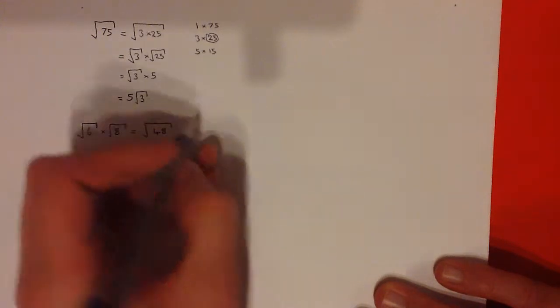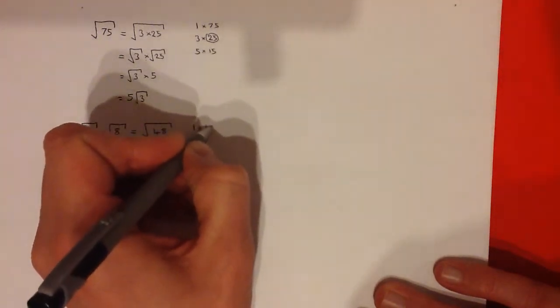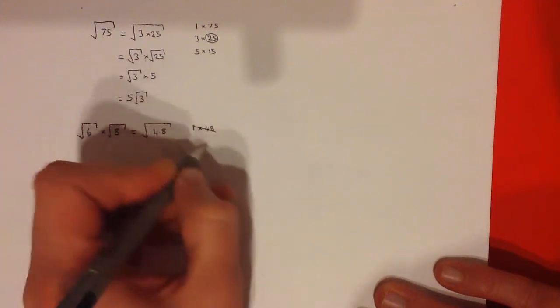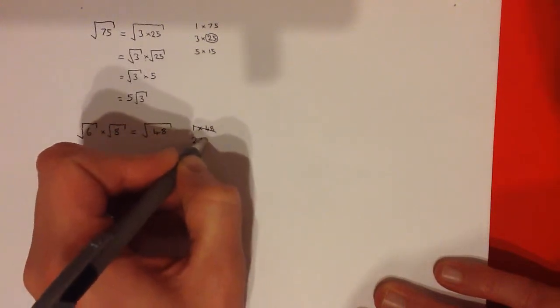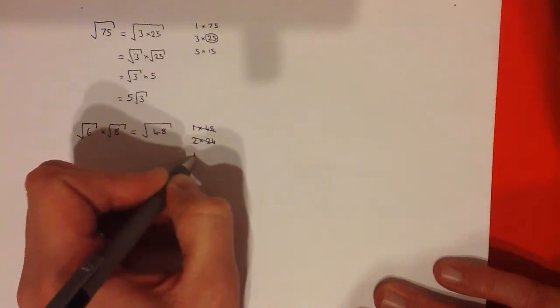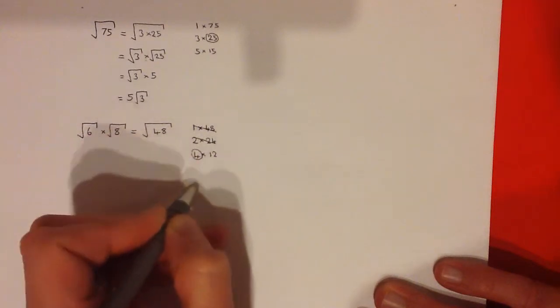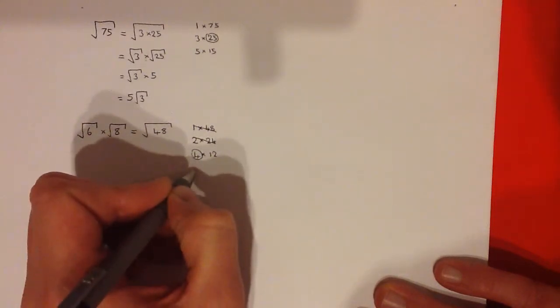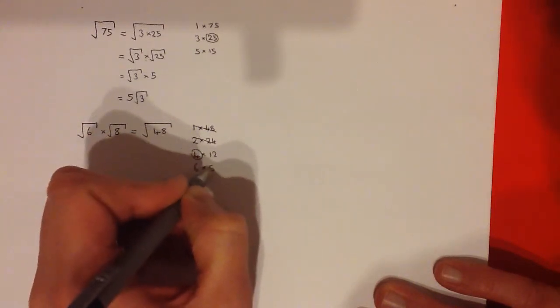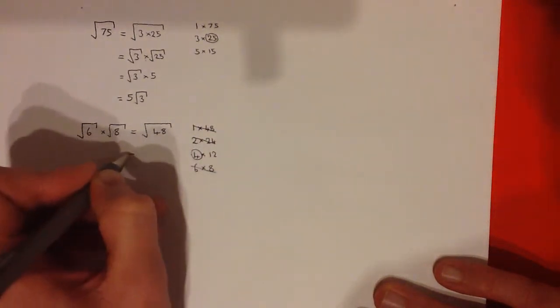Again, we look at 48 and we look at its factor pairs. 1 and 48. There's no square number. 2 and 24. There's no square number. 4 and 12. Well, 4 is a square number, so we might be able to use this factor pair. And then there's just 6 and 8. In this case, there's only one set which has a square number in it, so we'll have to use that.